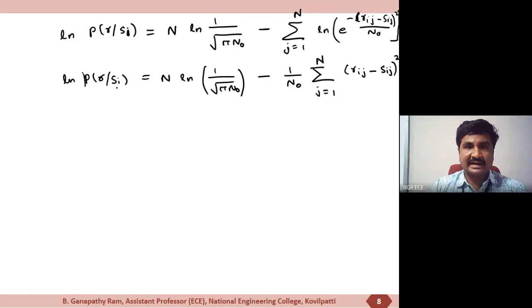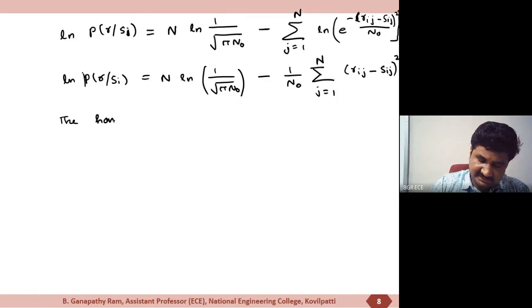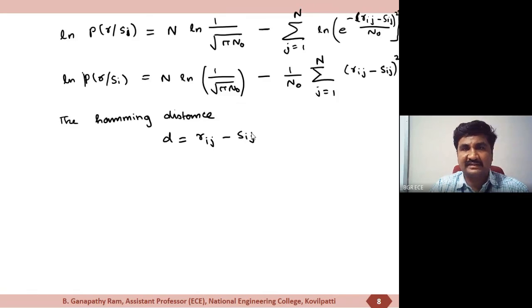In this log likelihood function, the Hamming distance d can be represented as rij minus sij. For maximum log likelihood function, the log likelihood function should be maximum so that the Hamming distance should be minimum.